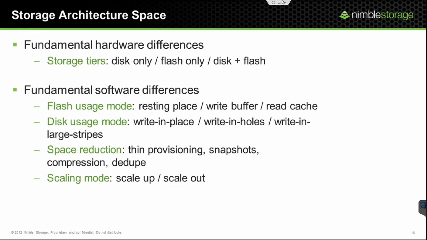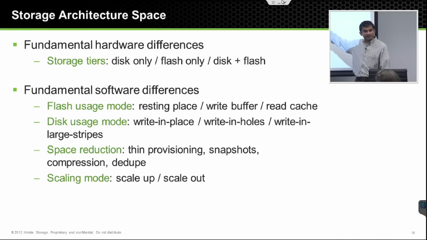For example, if flash is involved, then does it use flash as a resting place for data, or does it use flash as an accelerator for reads and writes for data stored on disk? And similarly, if disk is involved, there the main thing that matters is how the data is laid out on disk.